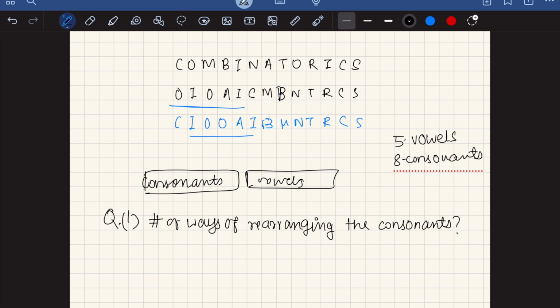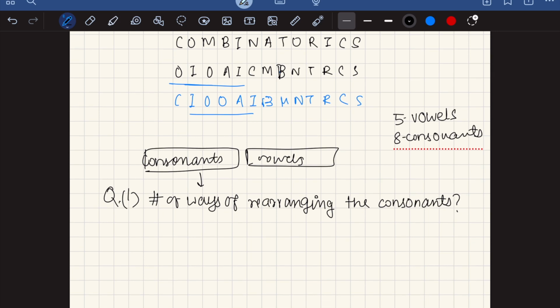Anybody else? I think Akansha, your answer is correct for vowels, but what I'm asking right now is for the consonants.